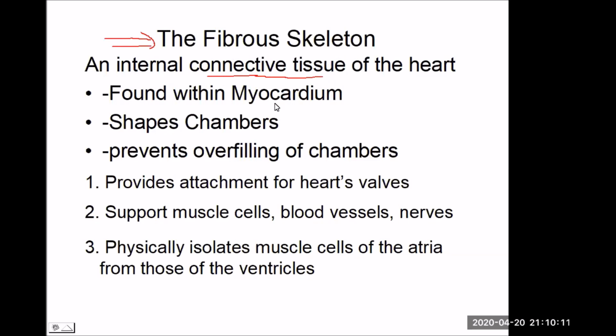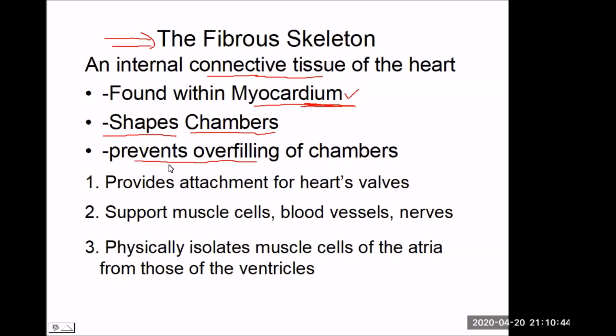All of this is now surrounded by the cardiac muscle. The myocardium makes the majority of the heart, and that's surrounding this fibrous skeleton. It gives the basic shape to the chambers, so the atria and the ventricles. And again, the fibrous skeleton is now surrounded by the layers of cardiac muscle, especially with the strength of the collagen fibers, that recoil activity of the elastic fibers.